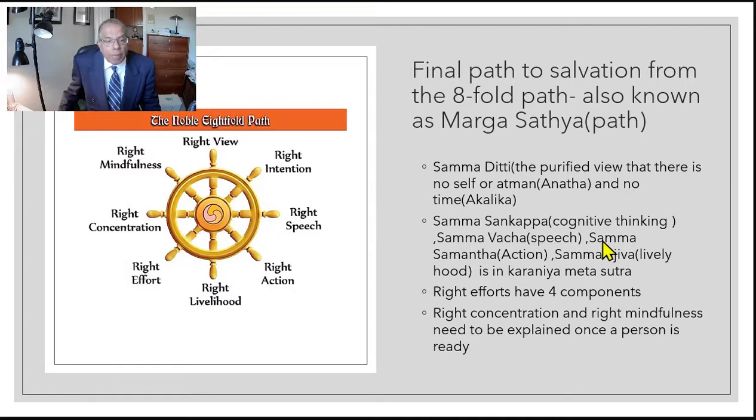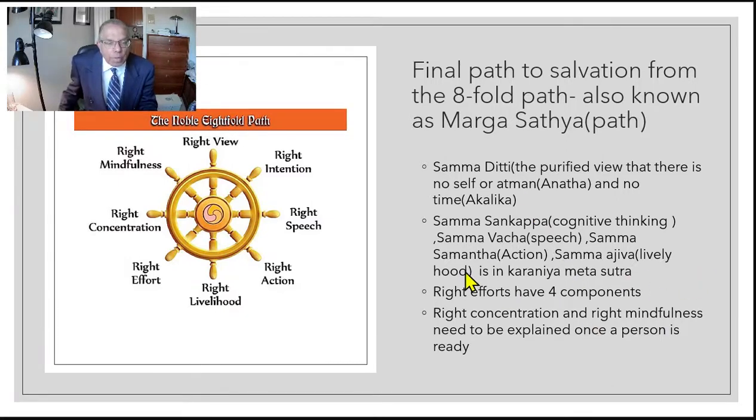And samma sankappa is cognitive thinking without having a self doing it. It all happens automatically. There is no real doer according to Buddha. So there is no real thinker. Thinking is happening in the brain. There is no one who really speaks. Samma vacha is automatically happening. When you purify the mind, it's automatically happening.